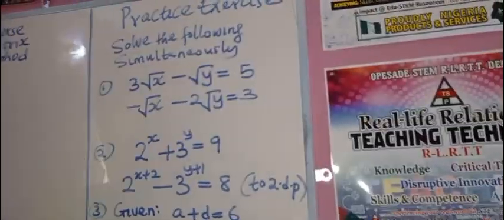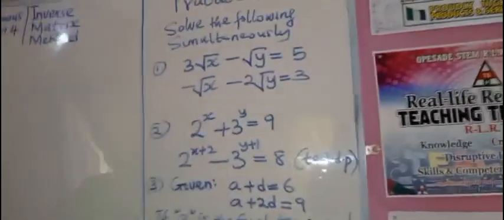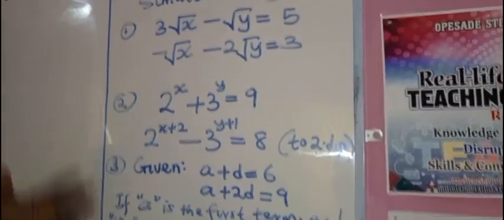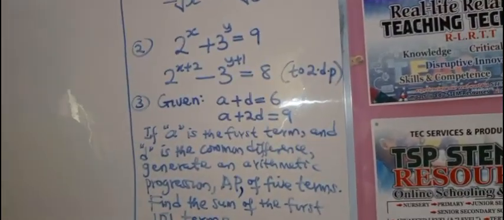At the end of the day, I expect you to use this method to solve the following. This looks advanced. Students offering further mathematics, students offering mathematics at any level in the university, advanced students, Olympiad students, SAT students, Cambridge students, yes, this particular method is very, very good for you.